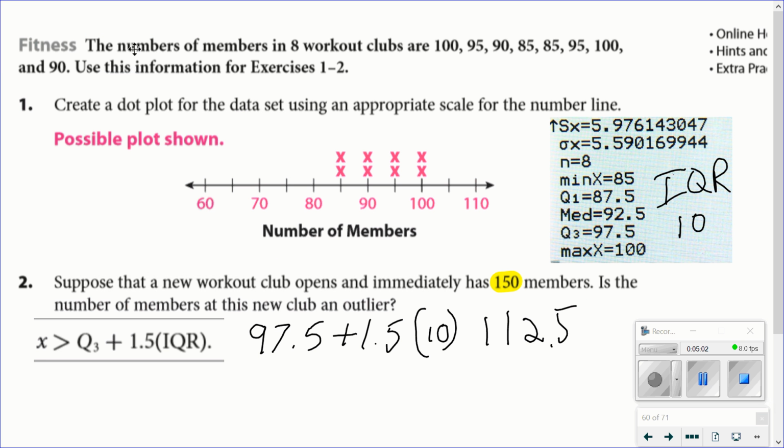So all we have to ask is, is 150 bigger than 112.5, which it is. So it is outside of the normal amount of data to be considered an outlier. So yes, 150 members is an outlier.